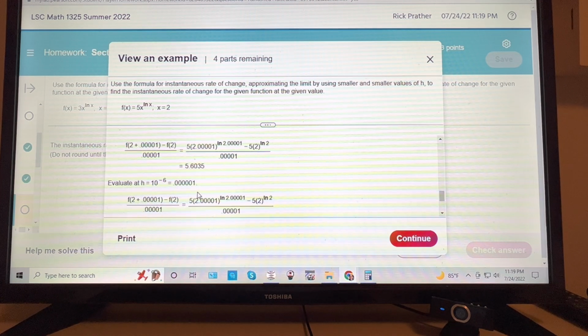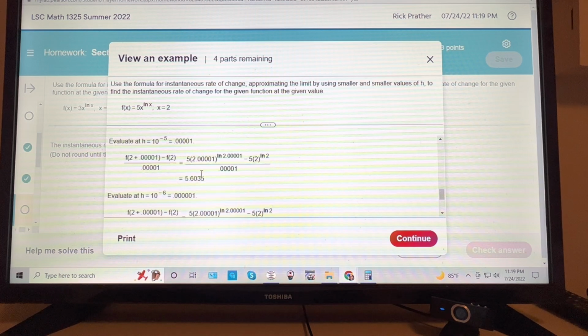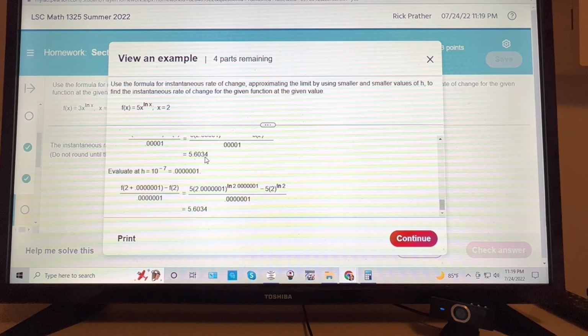It's starting to level off around 5.6. And then it was 5.6035, 5.6034, 5.6034. So now it's stopped at that value when you're just rounding. It keeps going, but if you round to 4 decimals, it seems to stop. So that's the instantaneous rate of change then.